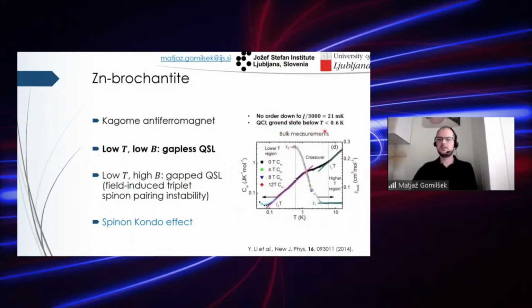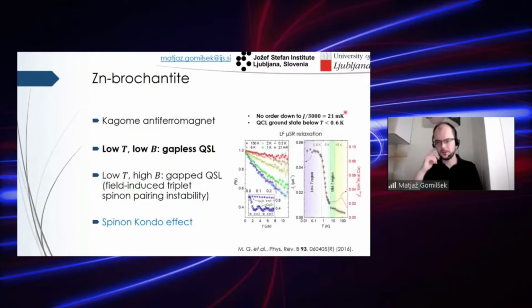We find that at low temperatures and low applied fields, it doesn't order. It has actually a quantum spin liquid ground state below about 0.6 Kelvin with an extended regime at high temperatures of non-trivial behavior as well. And no magnetic order down to 21 millikelvin, despite the exchange interactions being about 80 Kelvin, so much higher, about 3,000 times higher.